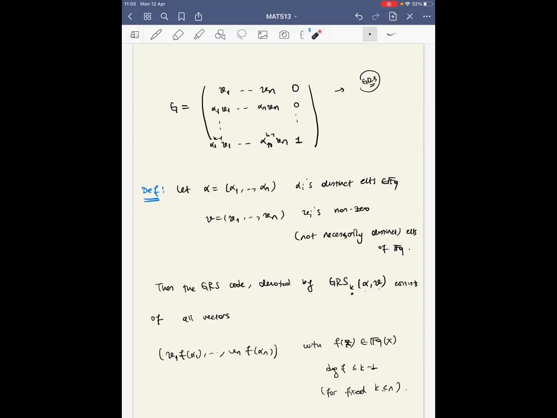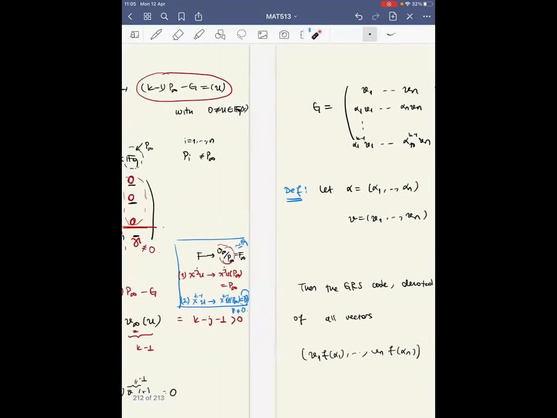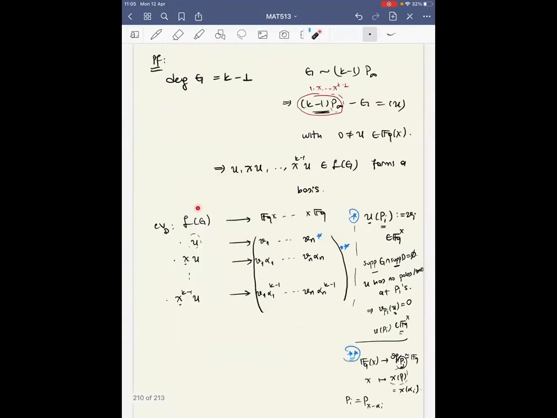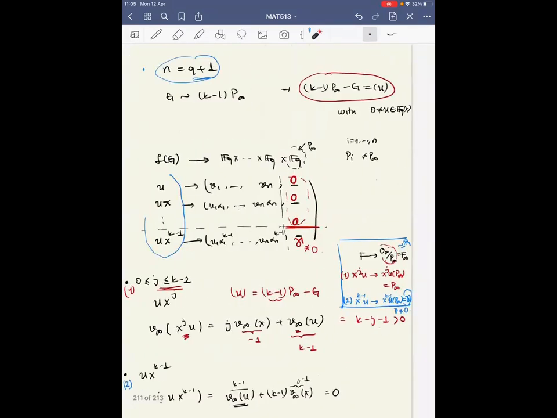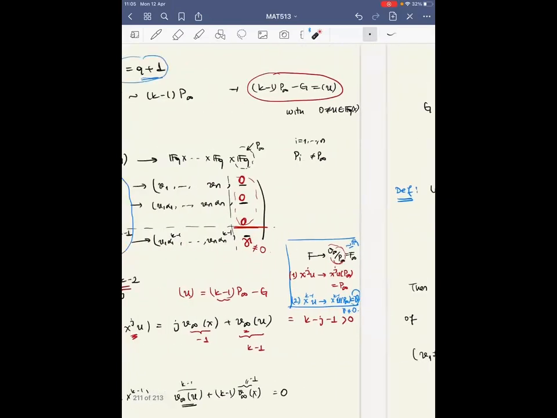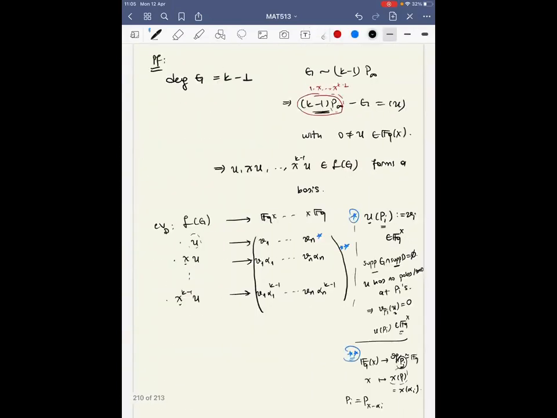But we can see that any generalized Reed-Solomon code can be represented like the evaluations in this form, or the image of the evaluation which is described here specifically. So let me fix a notation again.